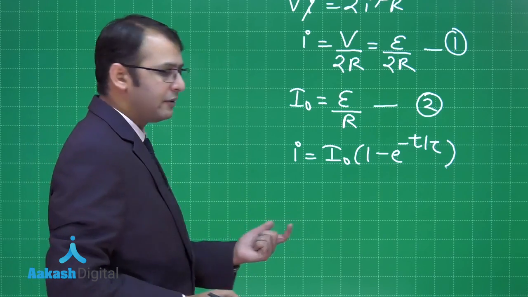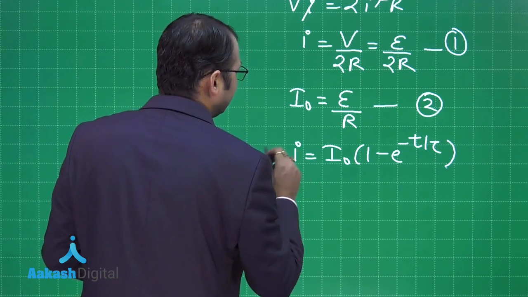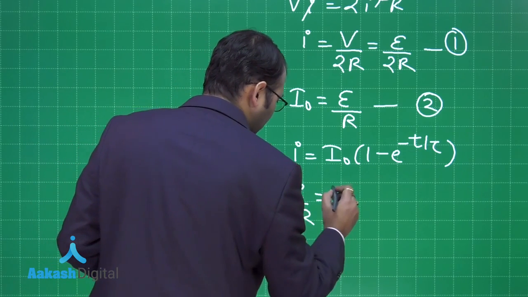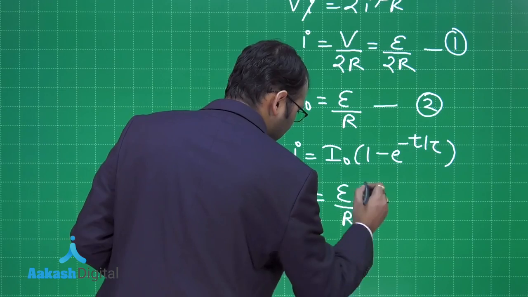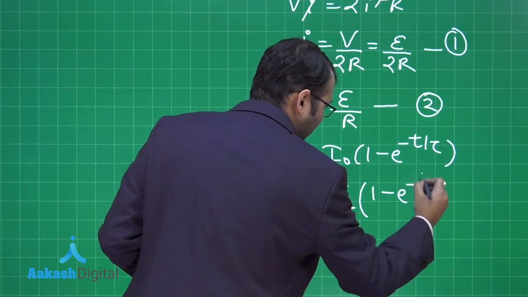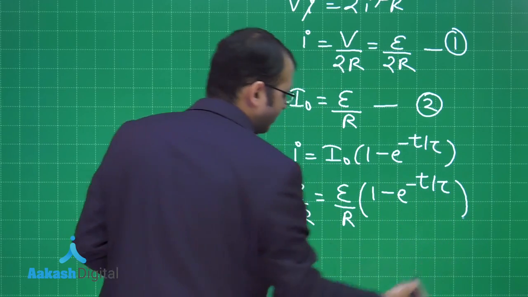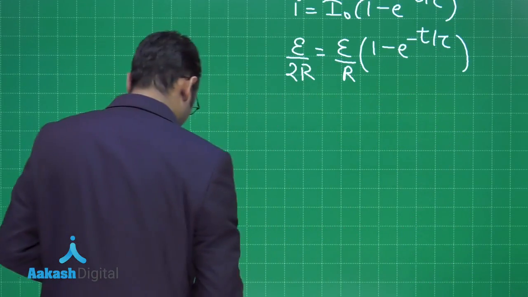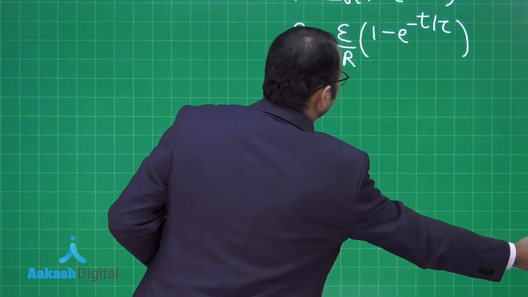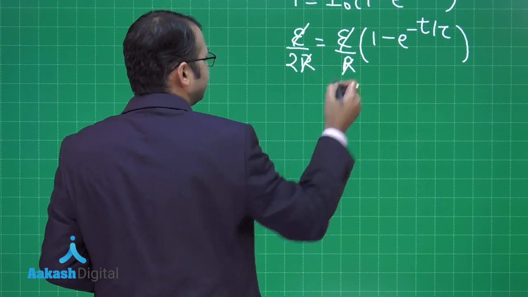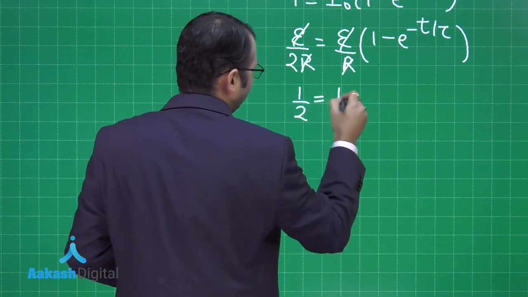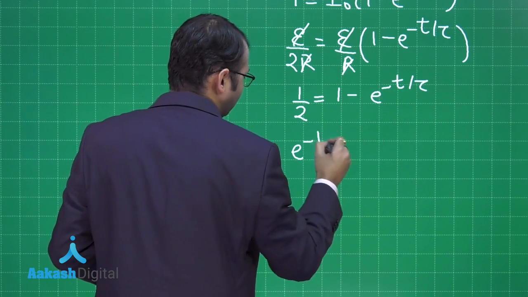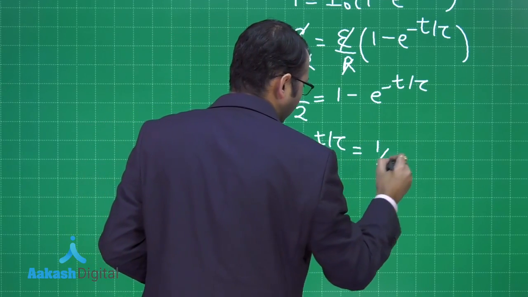That would be L by R. So from here, if I say I equals E by 2R, that equals E by R times 1 minus e to the power minus t by tau, right? On solving this, this will be cancelled. So 1 by 2 is equal to 1 minus e to the power minus t by tau. On solving this, e to the power minus t by tau, you will get half.